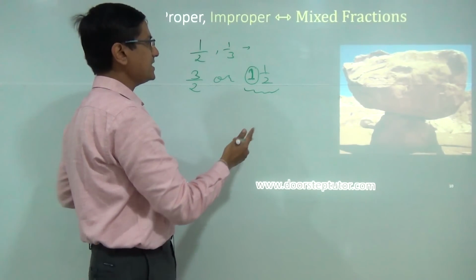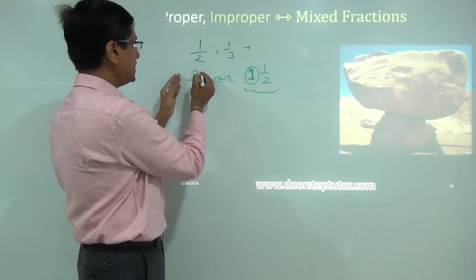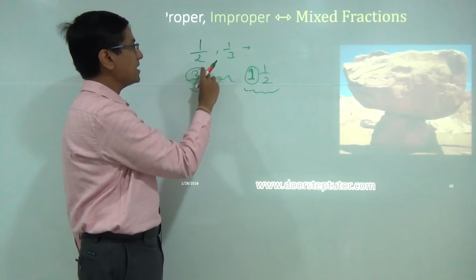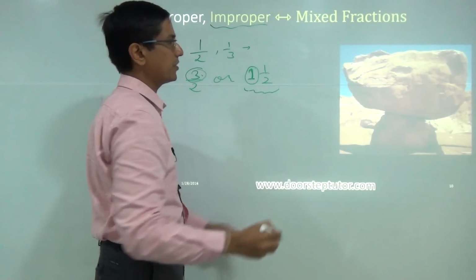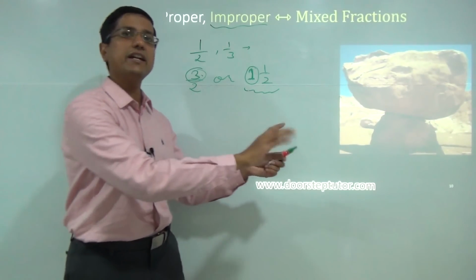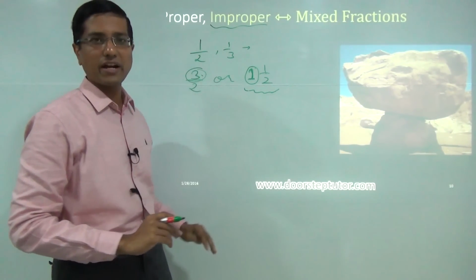They are saying I have one full quantity and then half more. These fractions which are top heavy, where the top number is bigger, are known as improper fractions because they are really improper. Like this rock, it can topple over anytime.